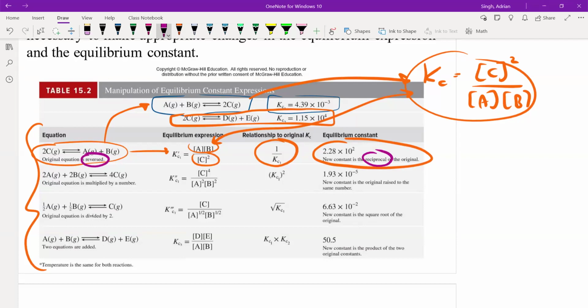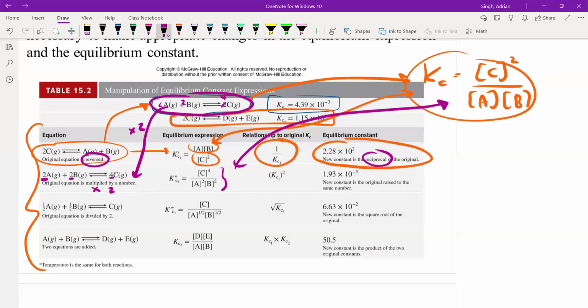If we were to multiply an original equation by a certain factor, so for example, if I take this equation here and I multiply it by 2, I change my coefficients now to 2, 2, and then 4. That's what I have here. So the original equation is multiplied by 2. How does that affect the equilibrium expressions? So now it becomes C to the 4th power times A to the 2nd and B to the 2nd. Well, how does this relate to this expression here?